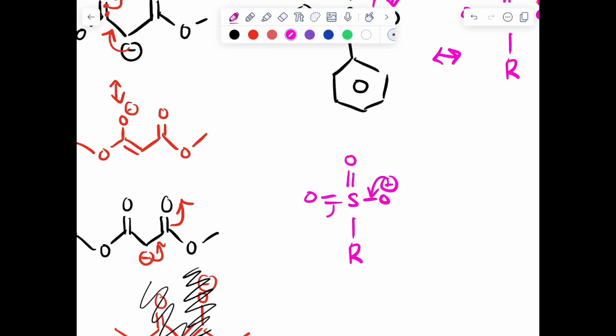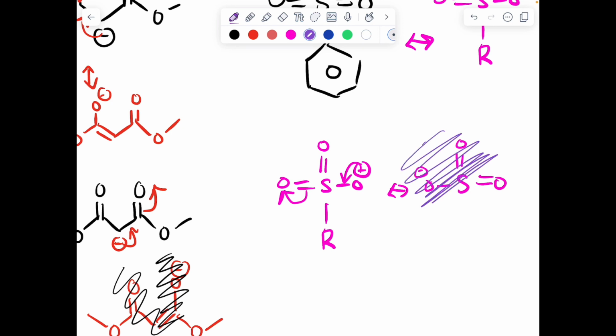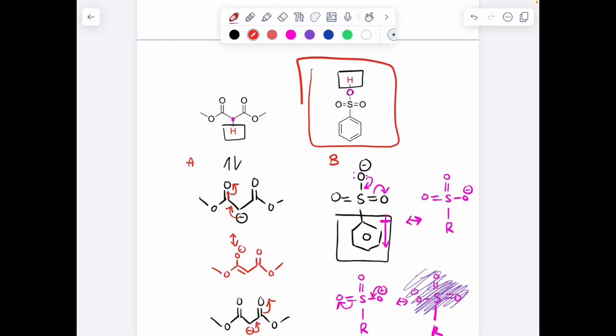Two in, 2 up, where the minus will be on that third oxygen. So we can see here that the negative charge was delocalized over this entire region. So overall, this compound would have the more acidic hydrogen because its conjugate base is more stable.